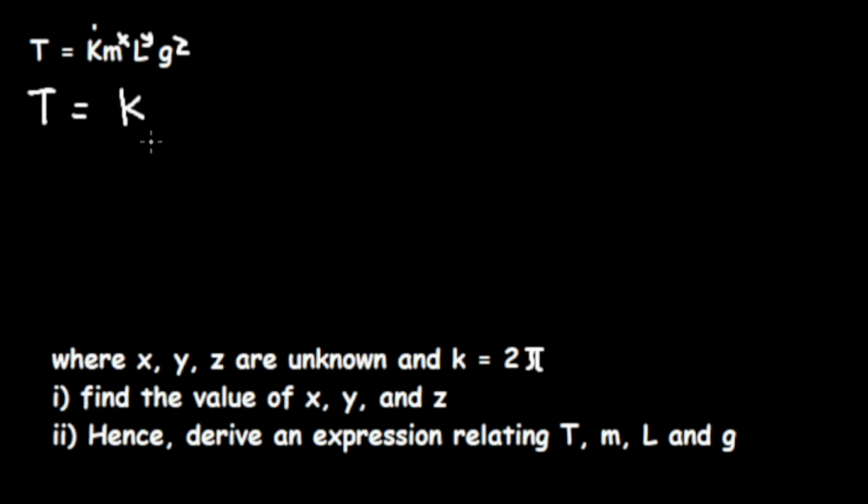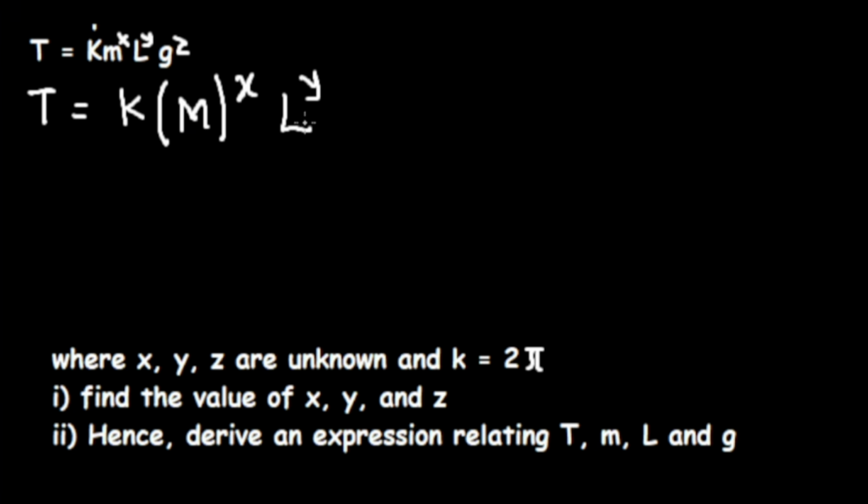Now, what is my m in this question? My m is a mass, right? A mass m. So the dimension for mass is capital M, so capital M to the power of x. Now the length of the thread is represented by a capital L, so capital L to the power of y.